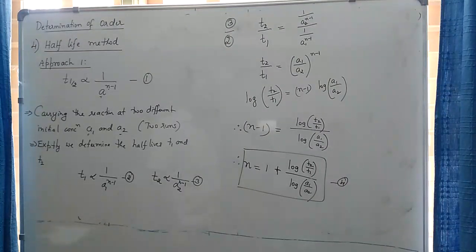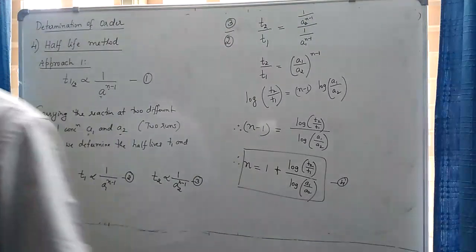The more general method or approach is where we at least find out half-life at 4 or 5 different concentrations and then plot a graph from which we can find out the order. So the second approach is more accurate and reliable.